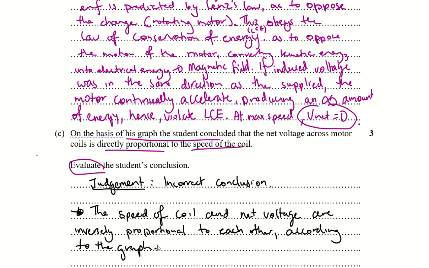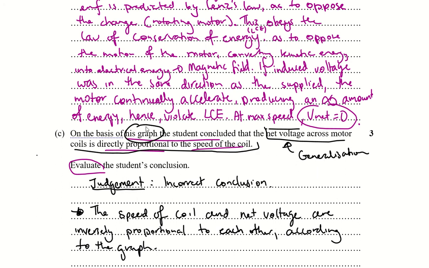Okay, the question has 3 marks, so let's look at where else we could be missing another mark. So the conclusion he made was the net voltage across motor coils are directly proportional to speed. What we can actually interpret from the language used here, there is a generalization based on his graph.